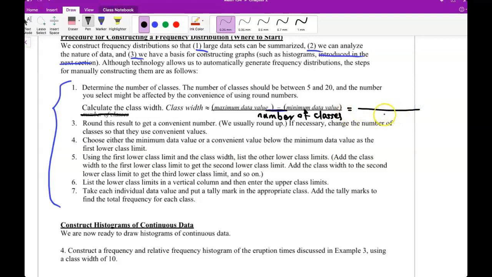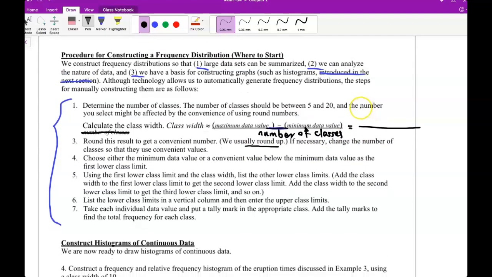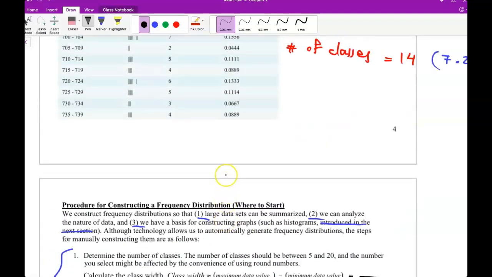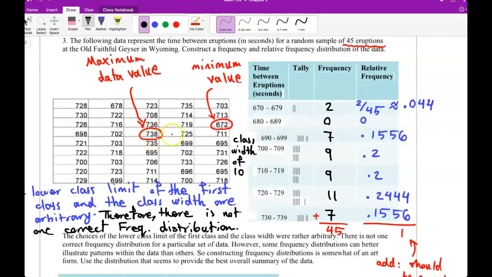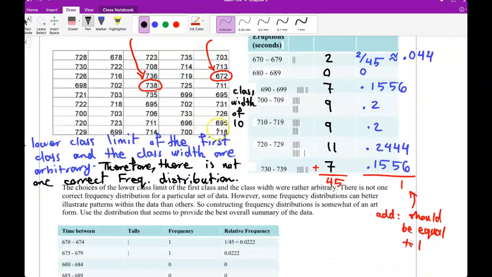Let's find this one based on the previous example. Step 3, round this result to get a convenient number. We usually round that up. Maximum data value here was 738 and minimum was 672.